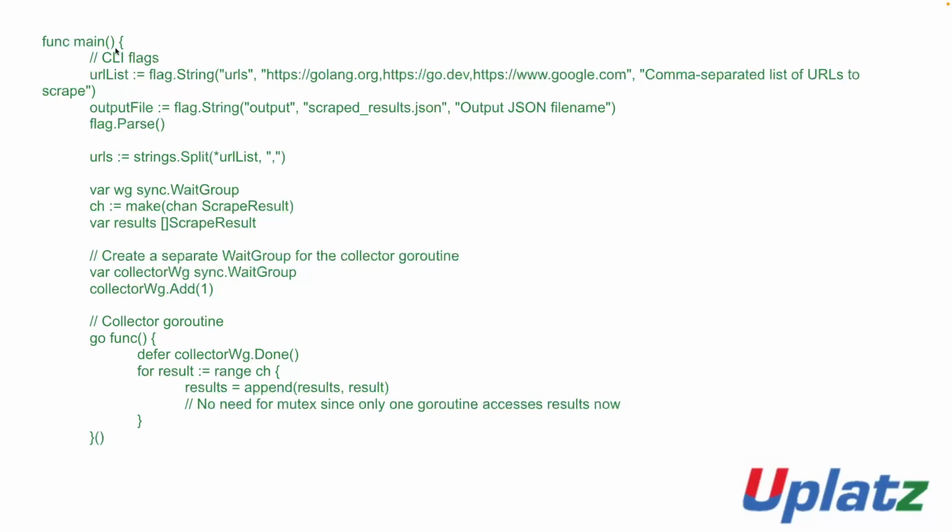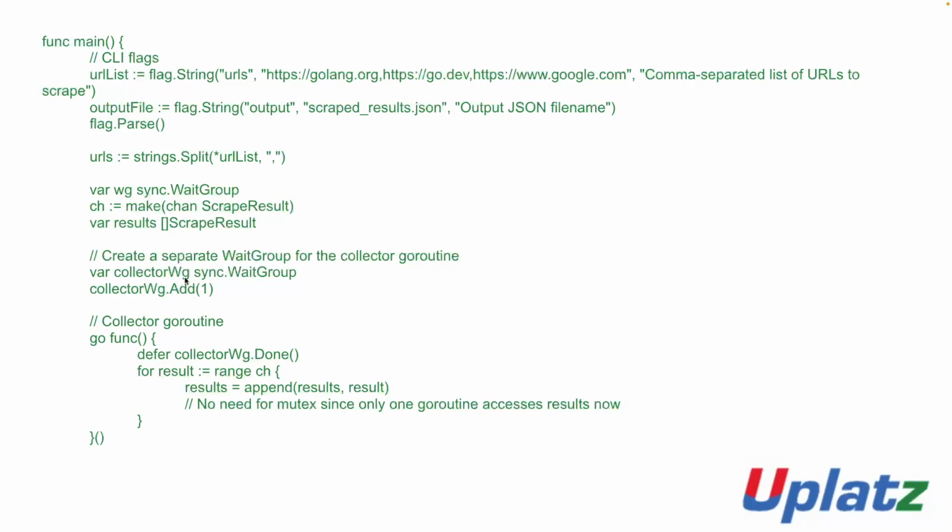In main, the CLI flags: the URL list, this is your list, the default list is this one, and the output file string, output, scrapeResults.json, the JSON file name. Then flag.Parse, strings.Split, then the wait group, sync.WaitGroup.